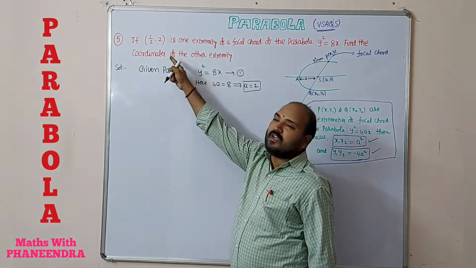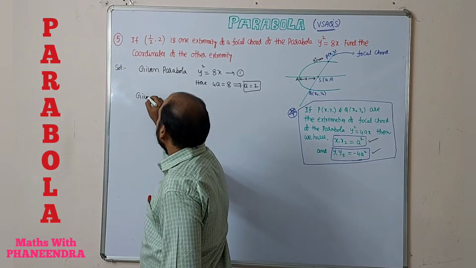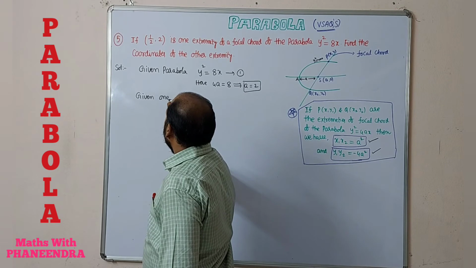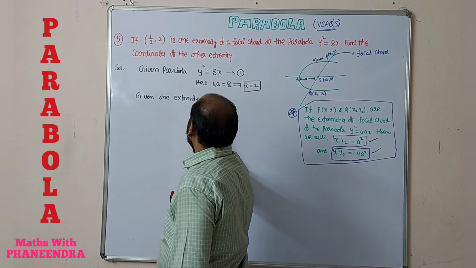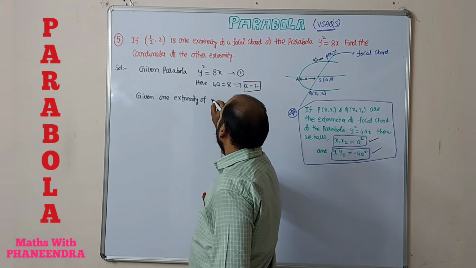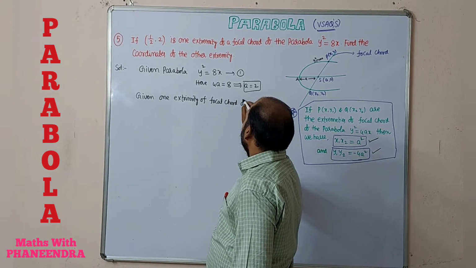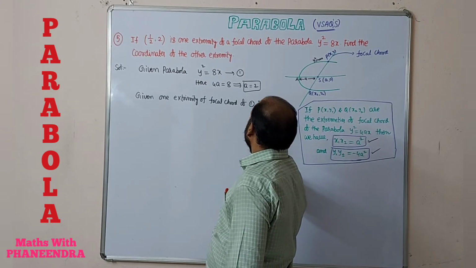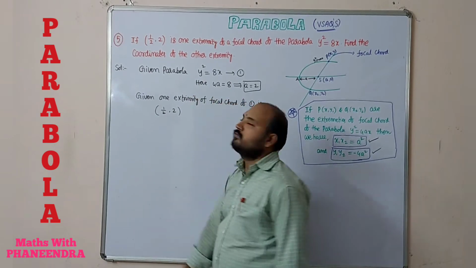One extremity of the focal chord of equation 1 is given as (1/2, 2).